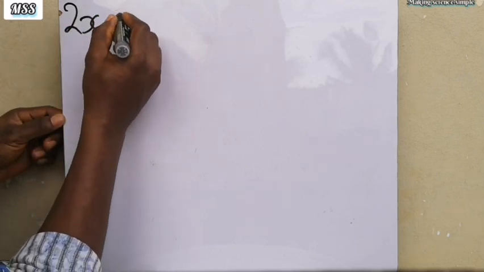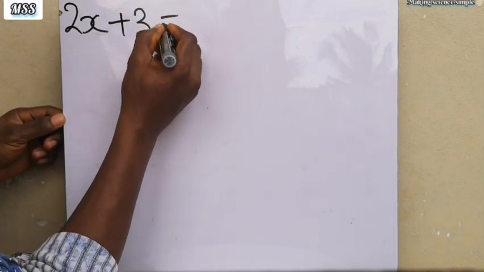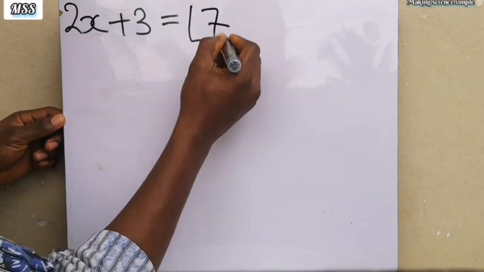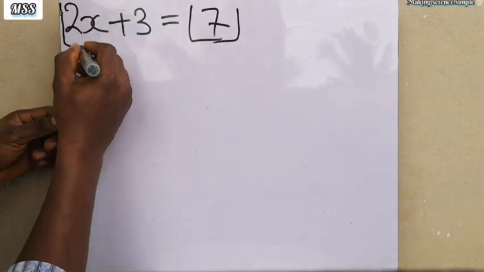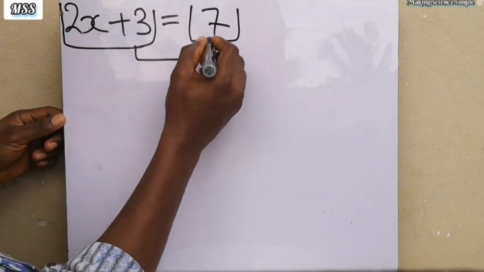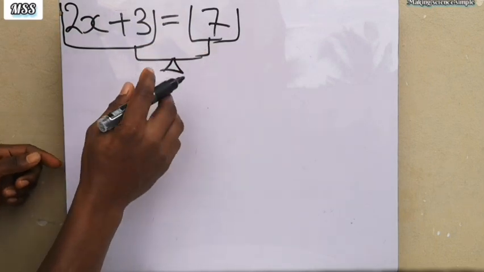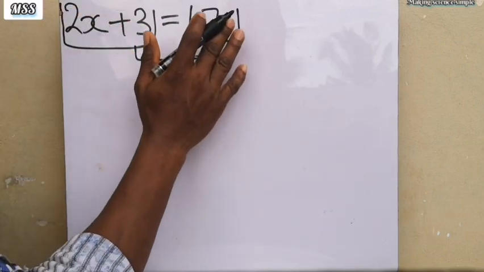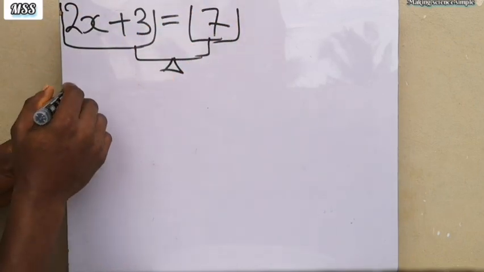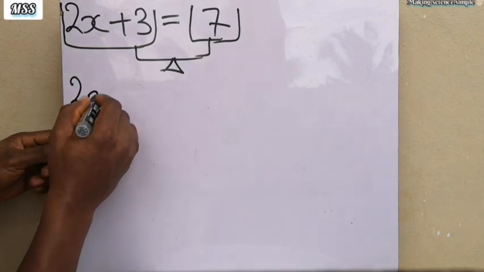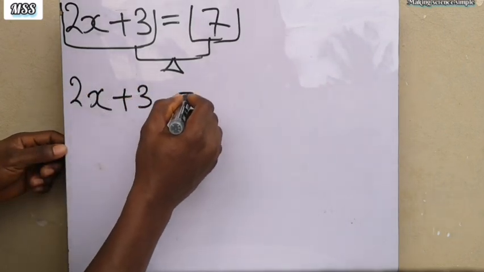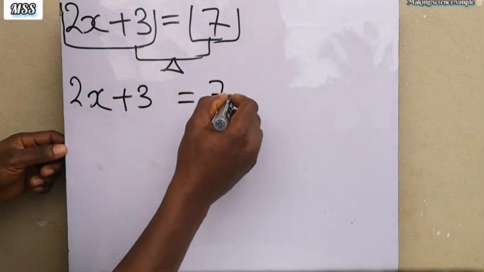2x plus 3 is equal to 7, and they are in a balance scale. So this is our balance scale. Since this scale is balanced, it means that the value here and the value here are the same. So that means we can write 2x plus 3 is equal to 7.